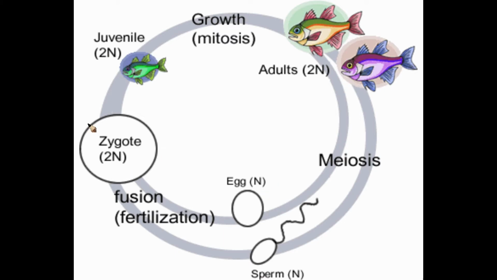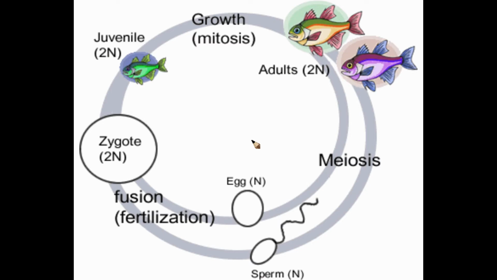So the fact that the offspring has contributions from mum and dad means that it's already going to be genetically different. And genetic difference can be an advantage to a population because it means we have greater genetic variation. And that plays a really important part in evolution, but also in the survival of a species.